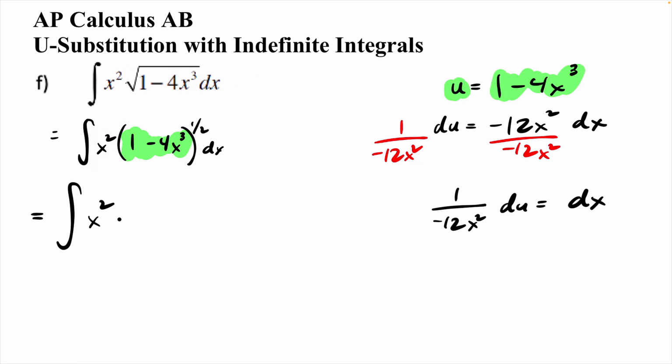So that guy I'm going to substitute with u. It's to the 1/2 power. Right, and then dx, I'm going to substitute that in now. dx is negative 1 over 12x squared times du.